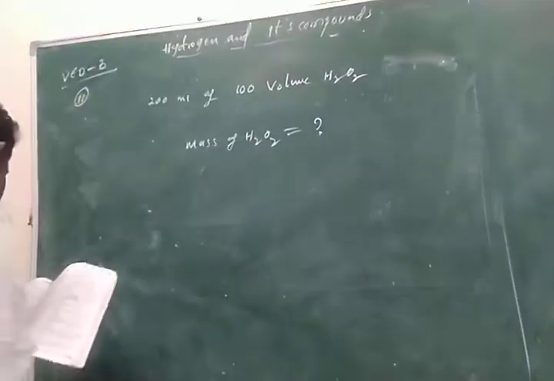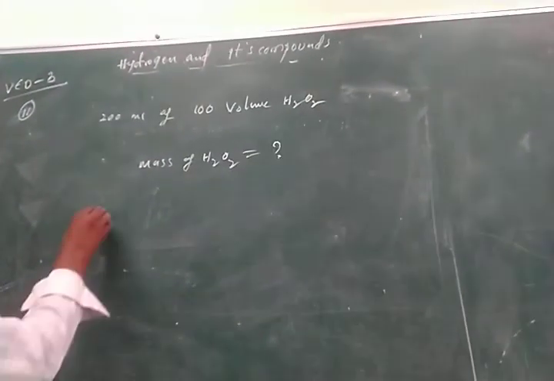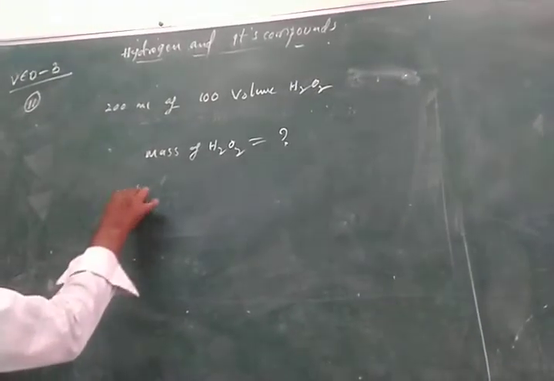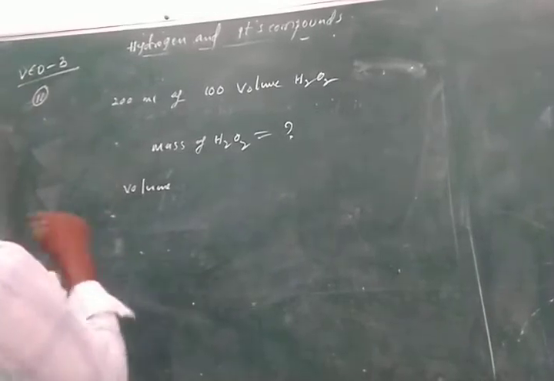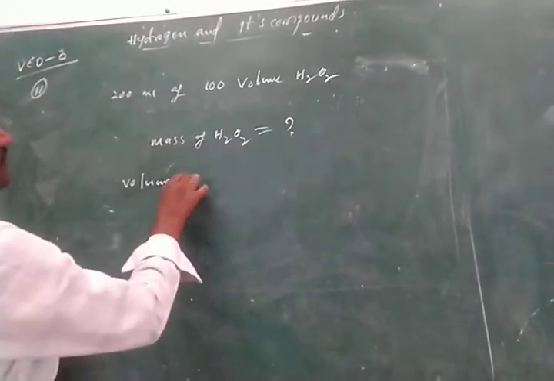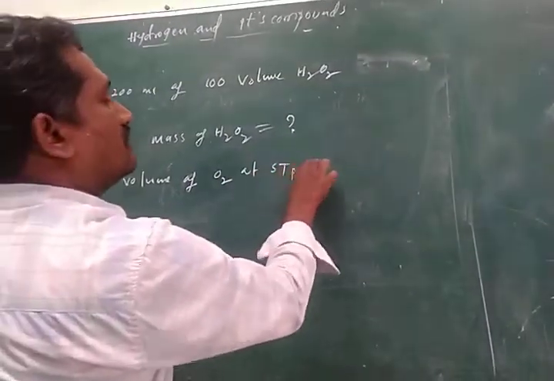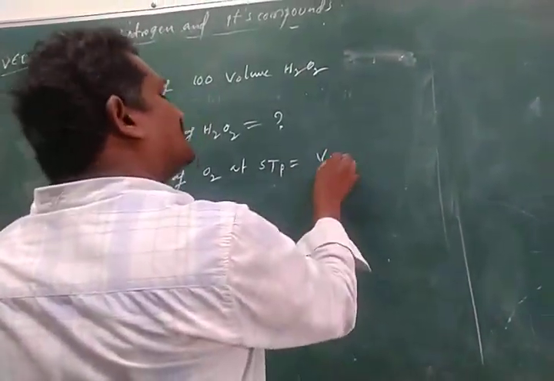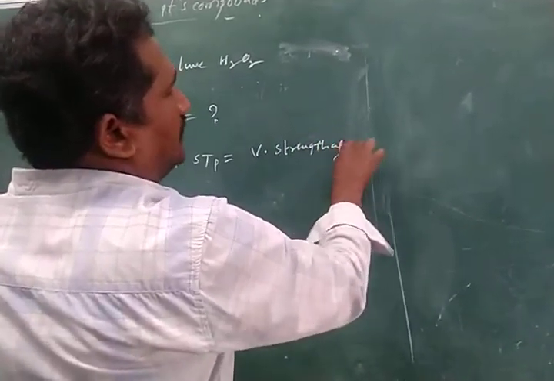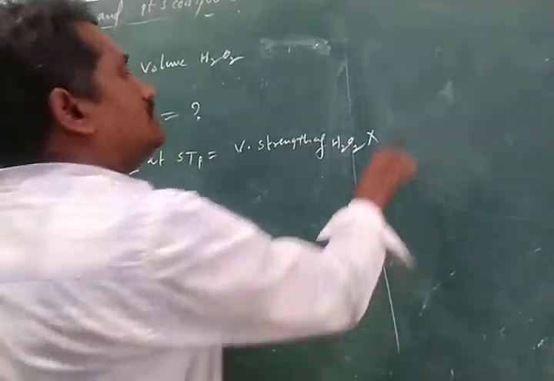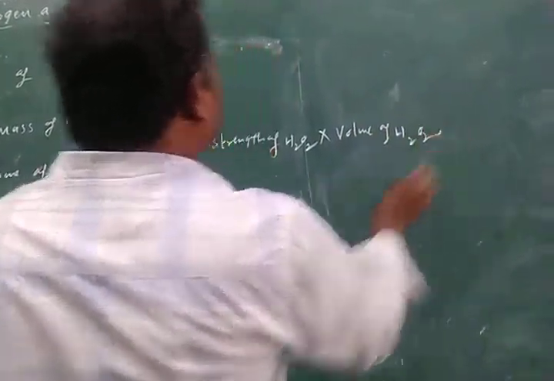Here you know the formulas. There are three important formulas. Volume of O2 at STP equals volume strength into volume of H2O2.